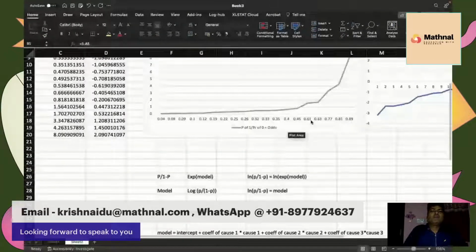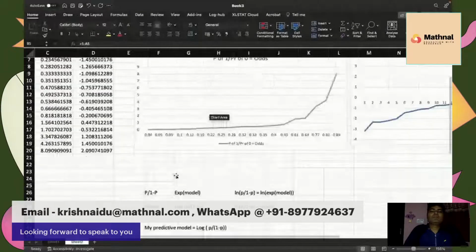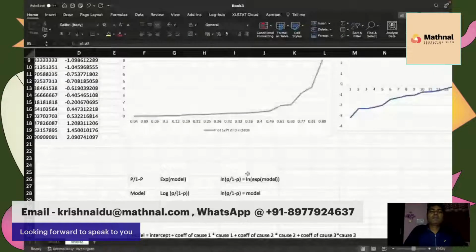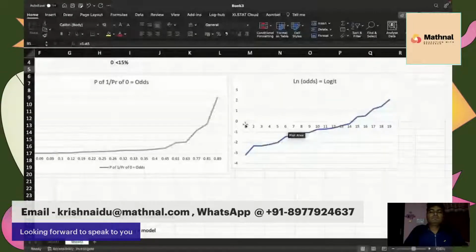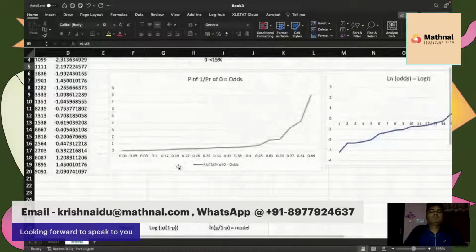It is an exponential of a model, because we see this coming as an exponential distribution. Now we are converting that into a linear model by taking the log of each side. So this is the concept behind the logistic regression.